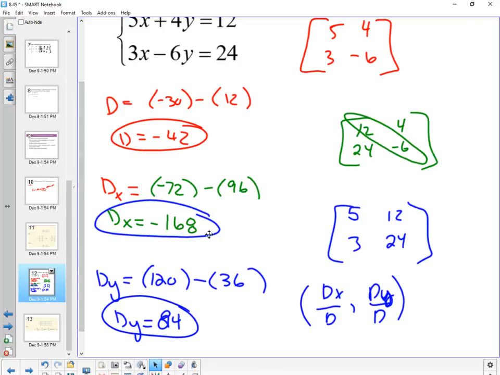The negative 30, this one? 5 times negative 6 is negative 30, and I take away 3 times 4. Same idea every single time. This is the solution to the system. That's where the two lines would cross on the graph.